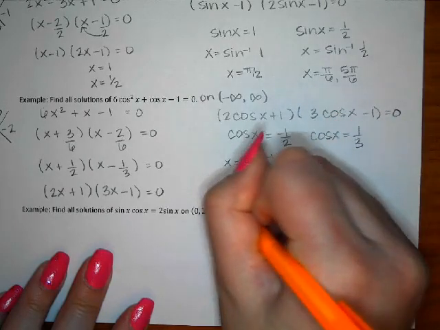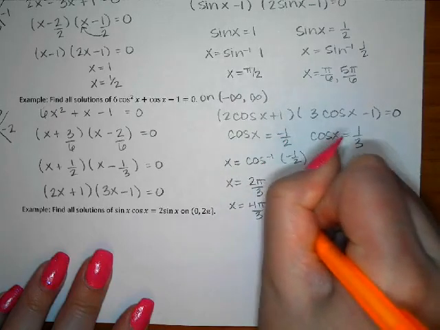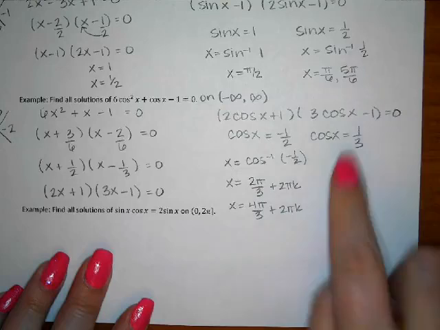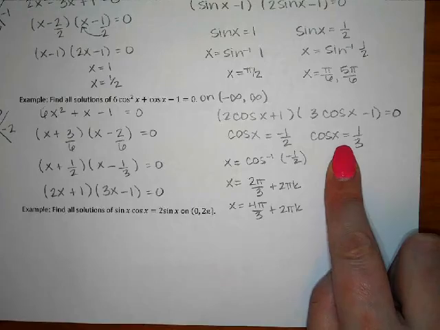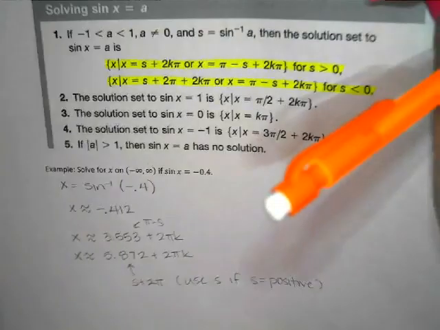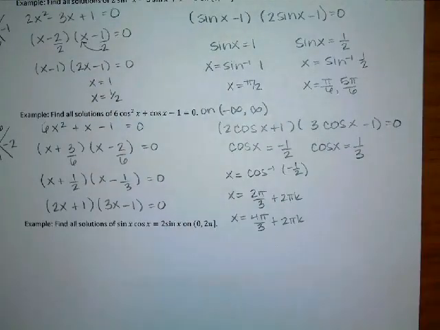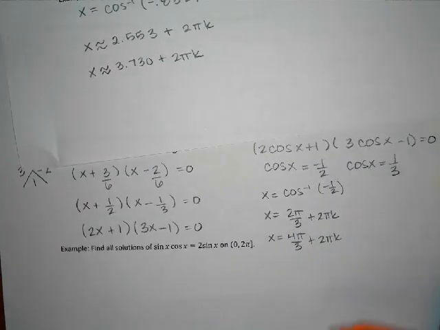And then for the other one, I'm going to get my notes out. That's sine. Let me get my cos notes. Okay. I'm going to use this because I'm going to have to use my calculator. So I'm going to do cos inverse of 1/3. This is defined as s. There's my s value.